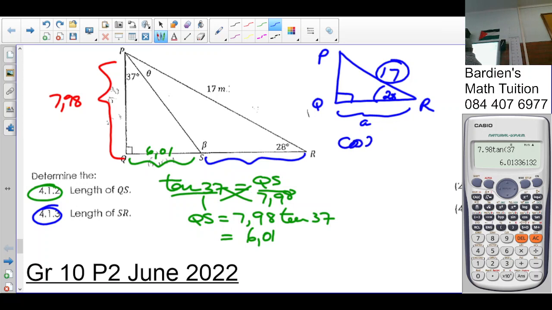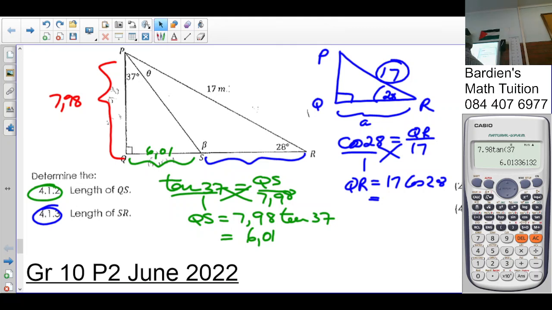Cos. So cos 28 is equal to your adjacent, which is QR, over hypotenuse, which is 17. We cross multiply, so QR is equal to 17 cos 28 degrees. Put that in the calculator: 17 cos 28 is 15,01.